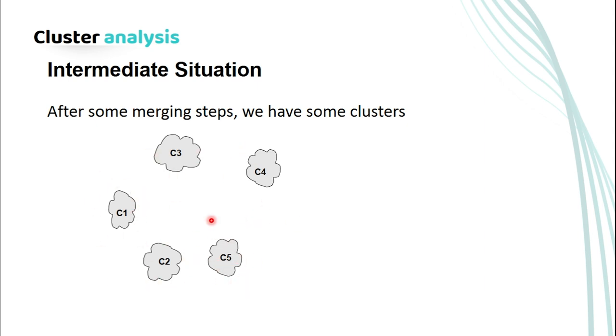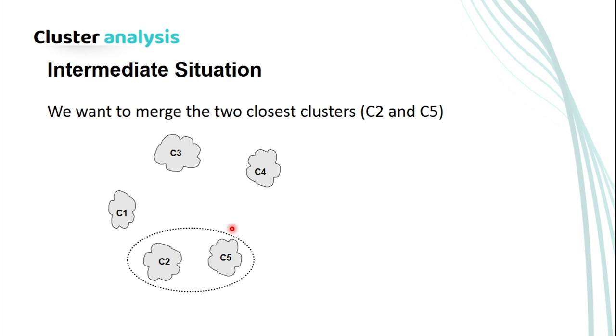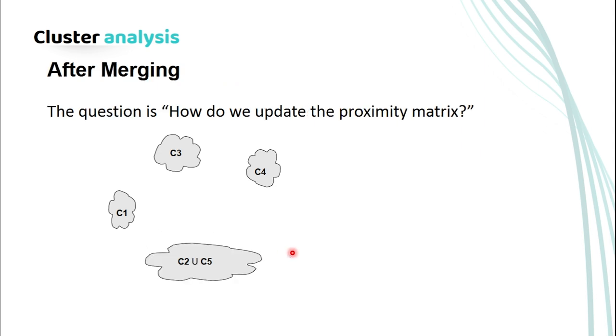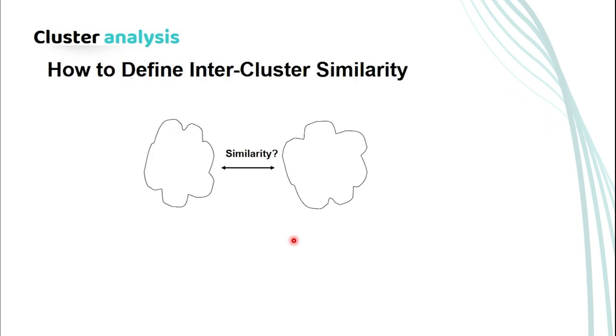Then we must merge the two clusters with the shortest distance. For example, if we consider this pair with the shortest distance, we will merge it, and when we merge, we get a new cluster. So the question is how to update the proximity matrix. For that, we must define the inter-cluster similarity.